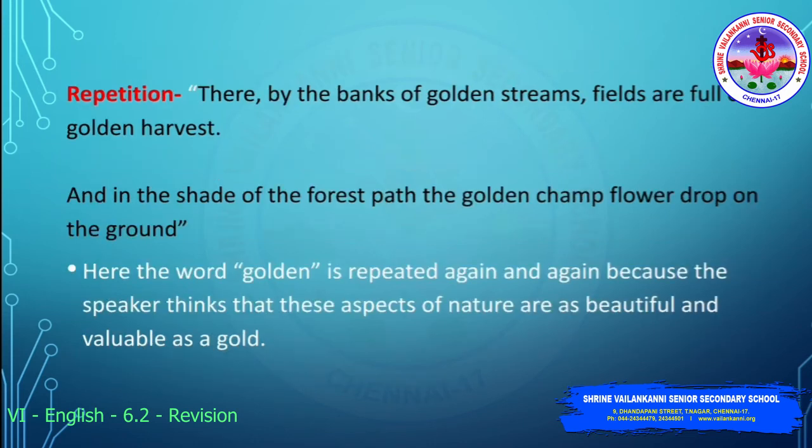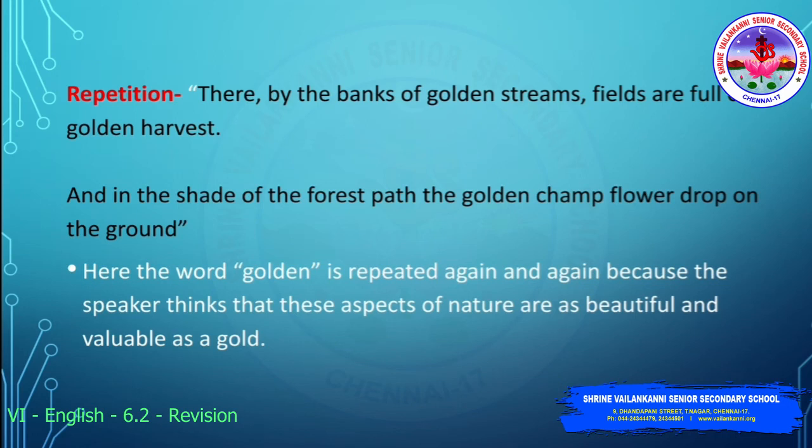Repetition. Repetition is when a clause or a phrase is repeated again and again in the sentence. There by the banks of golden streams, fields are full of golden harvest, and in the shade of the forest path, the golden champa flower drop on the ground.